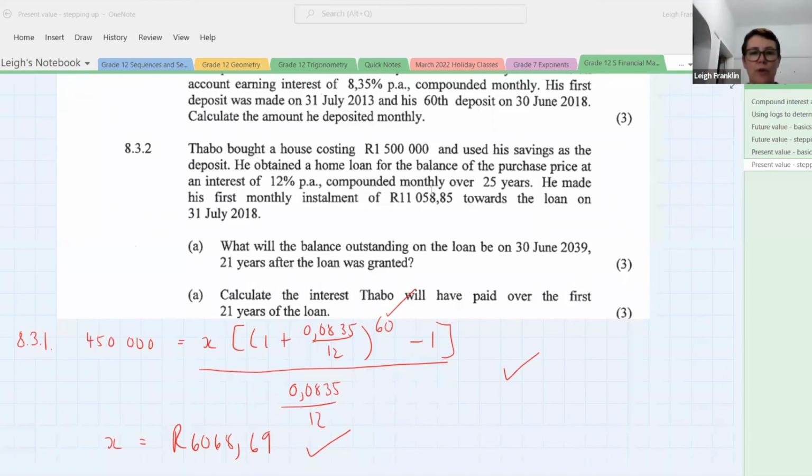Okay, so the first thing they've asked us to do is calculate what the outstanding balance will be on the loan as of the 30th of June 2039, which is 21 years after the loan was granted.